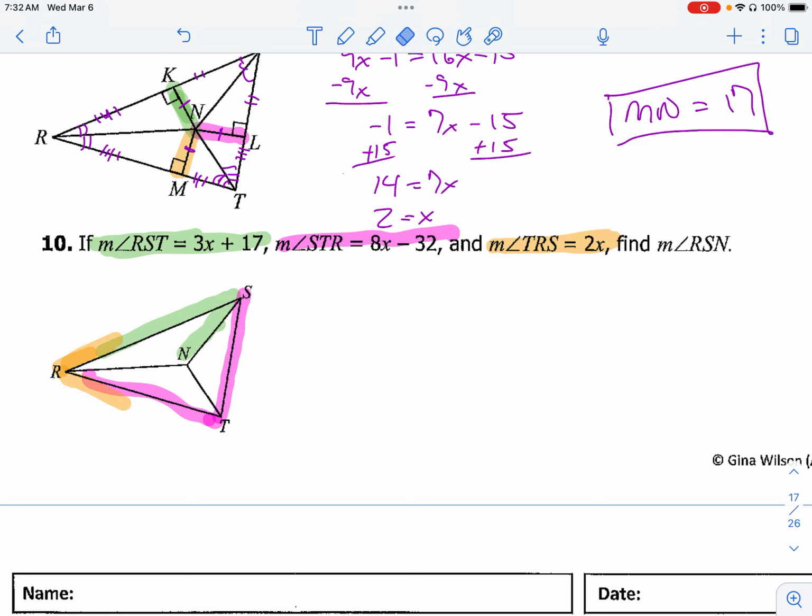Oh, and the first one, I colored that wrong. I did not follow that.